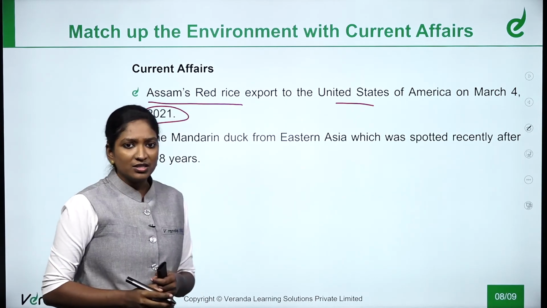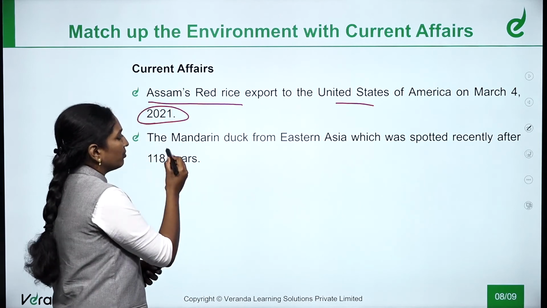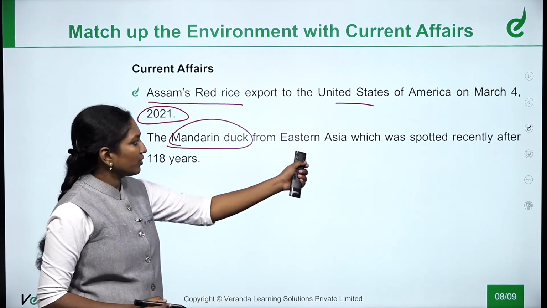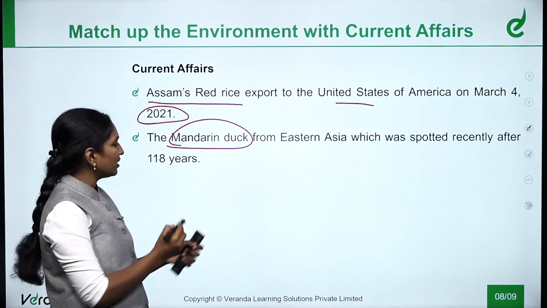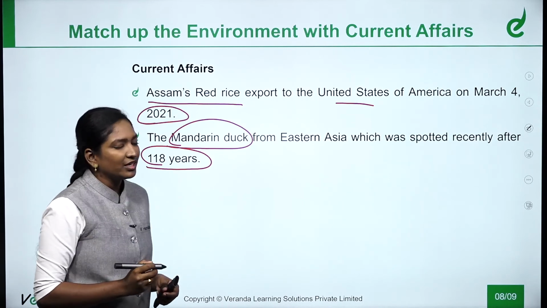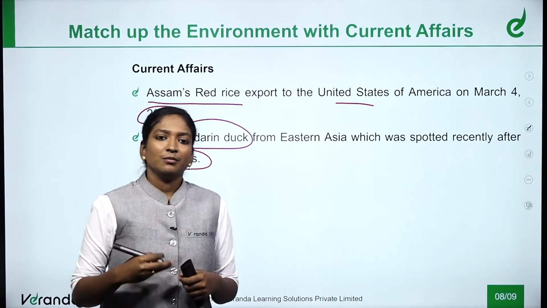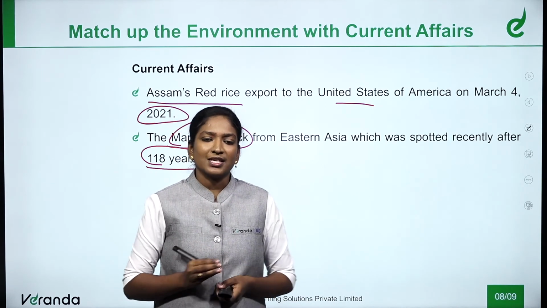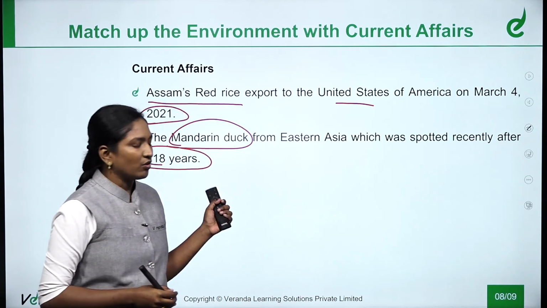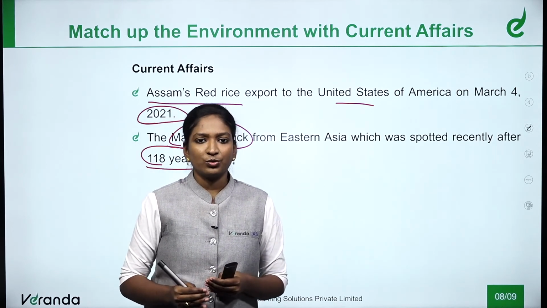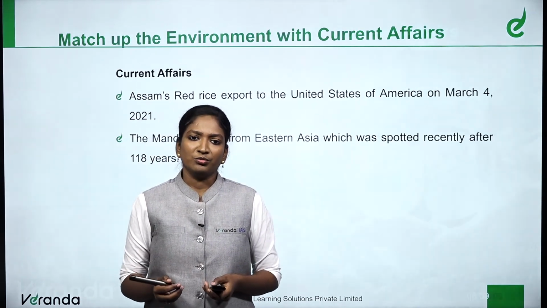This is a very recent current affair, and the most important current affair is the Mandarin duck, which is from Eastern Asia, spotted recently after 118 years. It was not found in recent years in Assam, but recently it was found here. This is how you need to relate environment with geography.